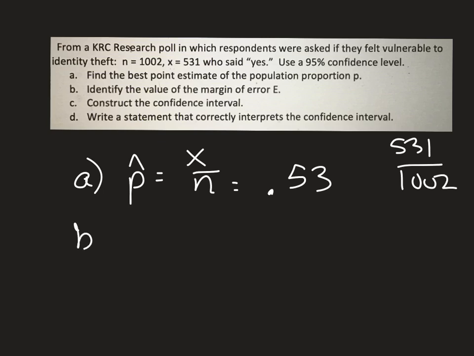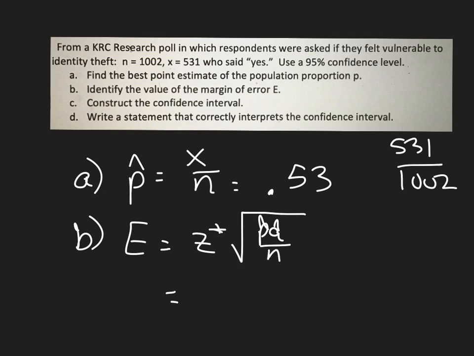All right, part B says identify the margin of error. So the margin of error, E, is going to be, I'm going to use that formula, which is the z-score, z-crit, times the square root of p hat q hat over n. Listen to me very carefully here. To find my z-crit, it says 95% confidence, that means you have 2.5% on each side.